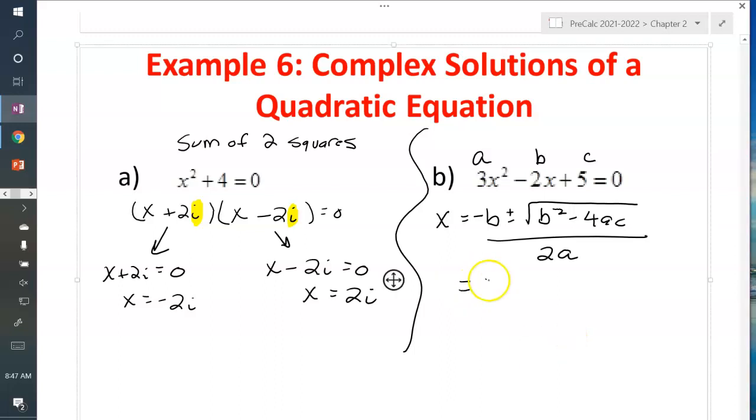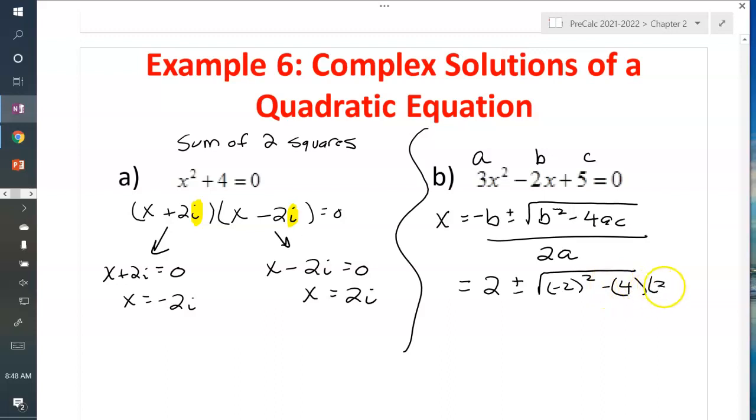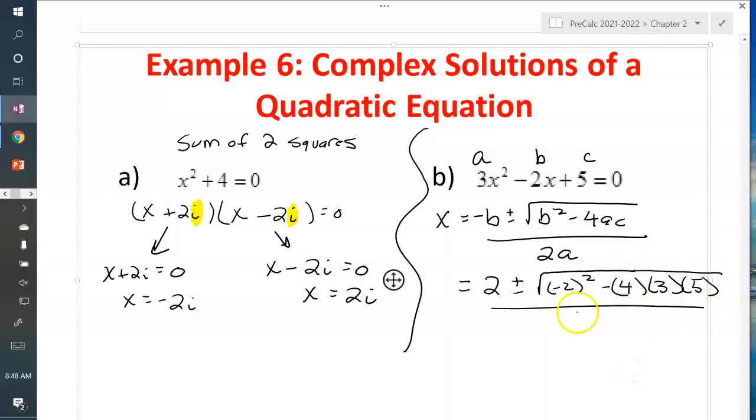So opposite of b, that gives me positive 2, plus or minus square root b squared, so negative 2 squared, minus 4ac, so 4, a is 3, c is 5, all over 2a.